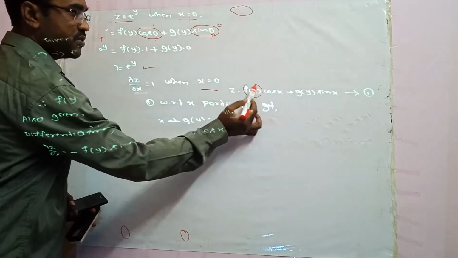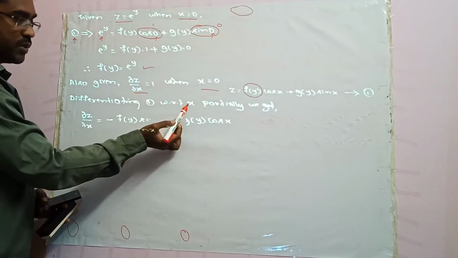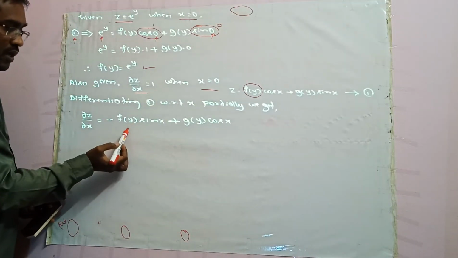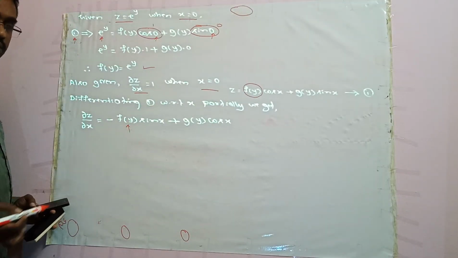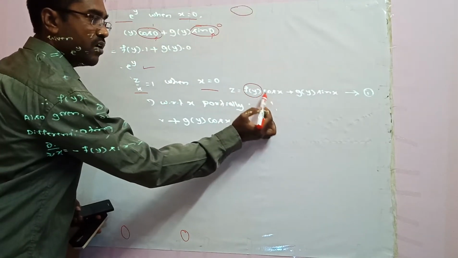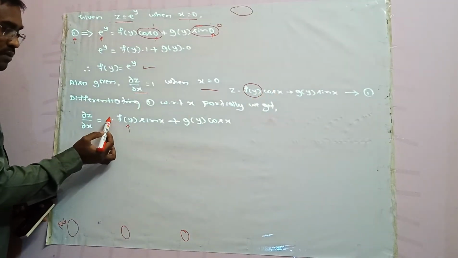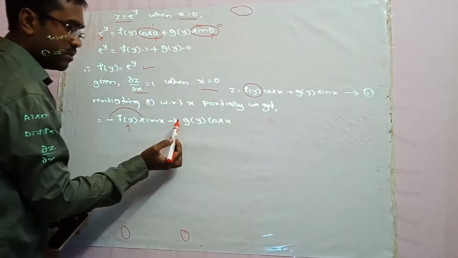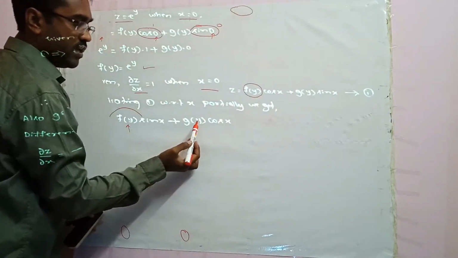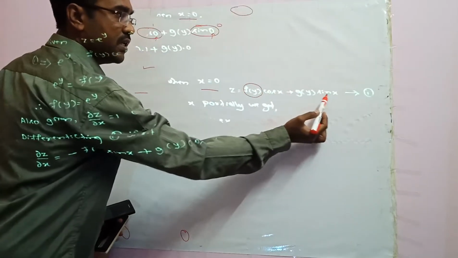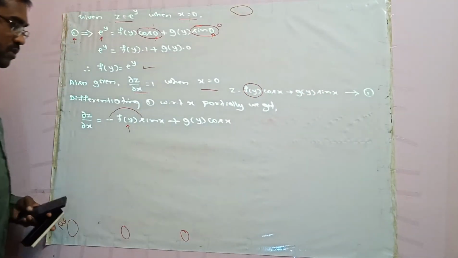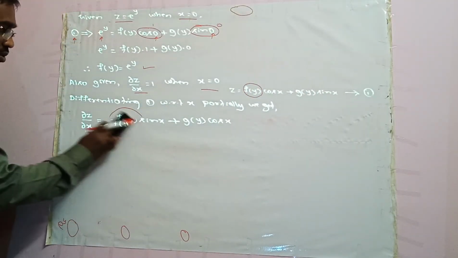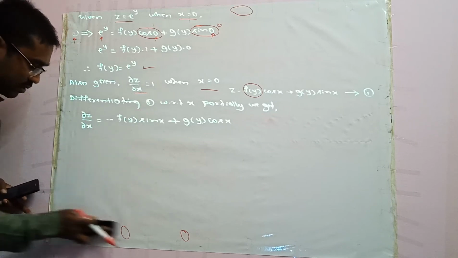F of y is a constant, since we are differentiating with respect to x, so f of y as it is. Differentiation of cos is minus sin, plus constant g of y as it is. Differentiation of sin is cos x. So we have differentiated to create our dou z by dou x.